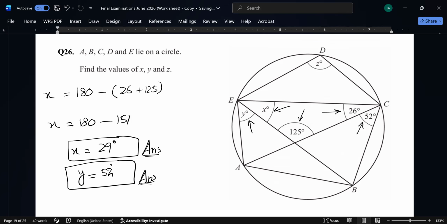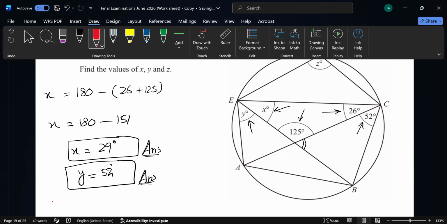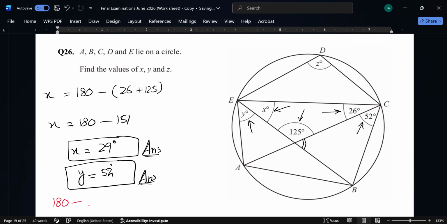So first thing first, if someone asks you how much this angle will be, you would say yes, it's very easy. You will subtract this angle from 180. So 180 minus 125 is going to be 55 degrees.